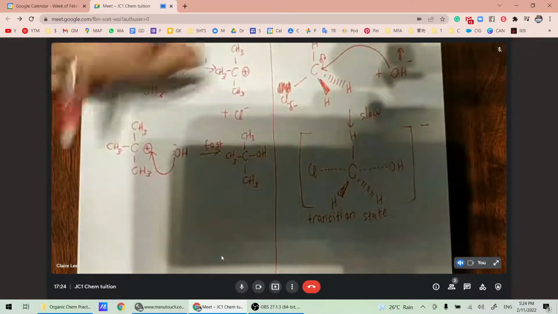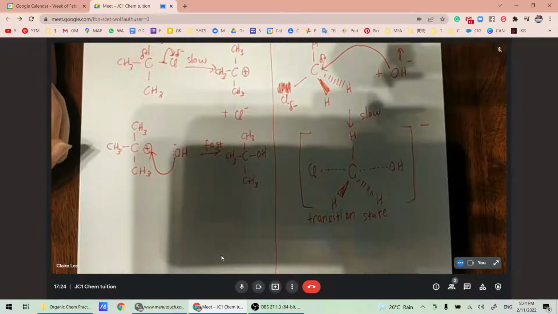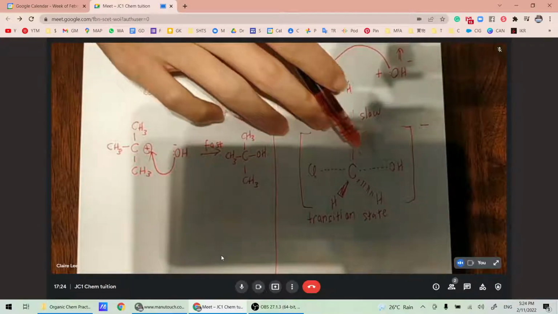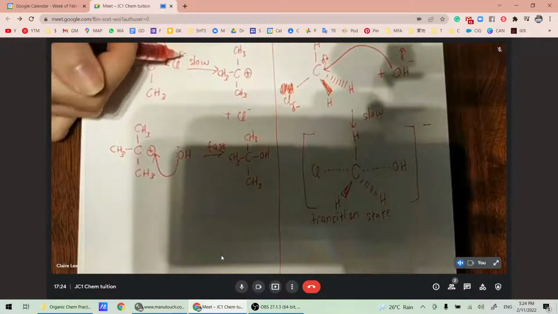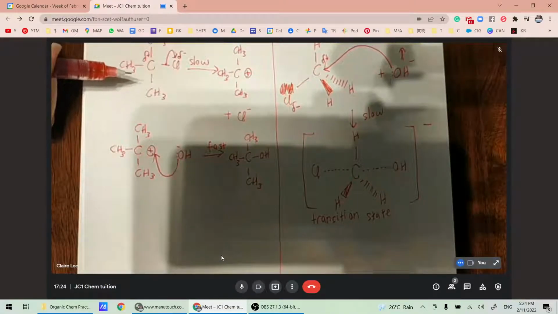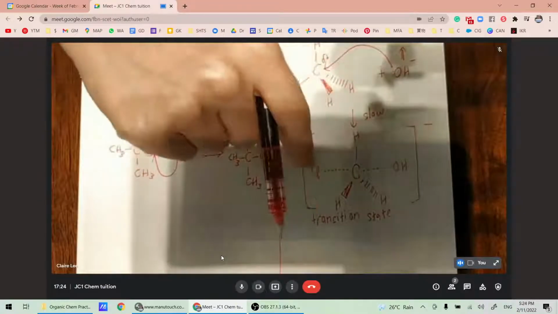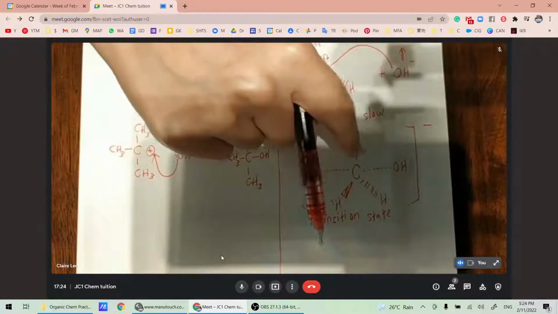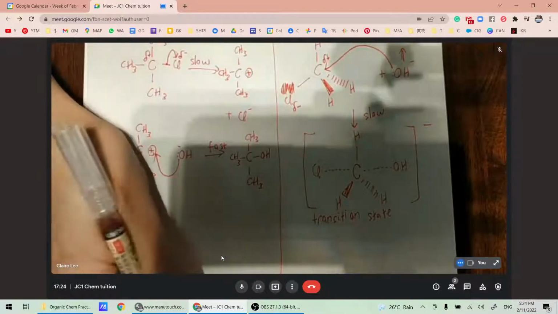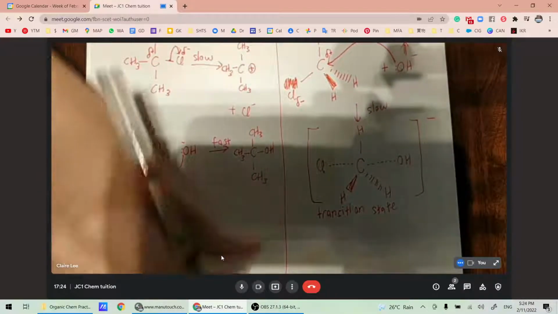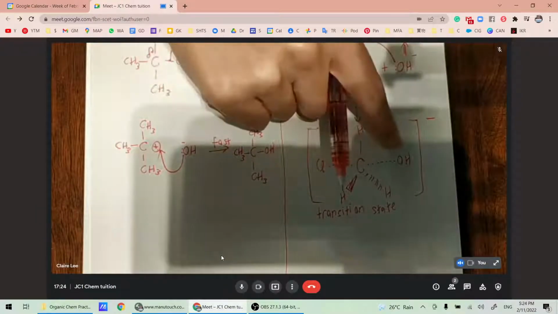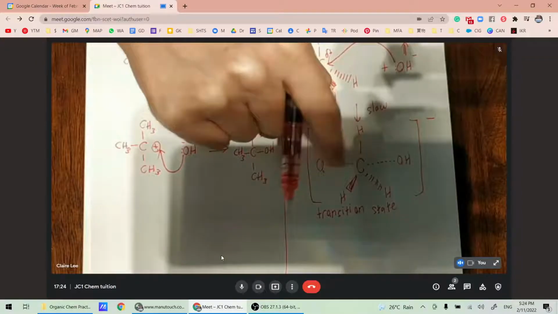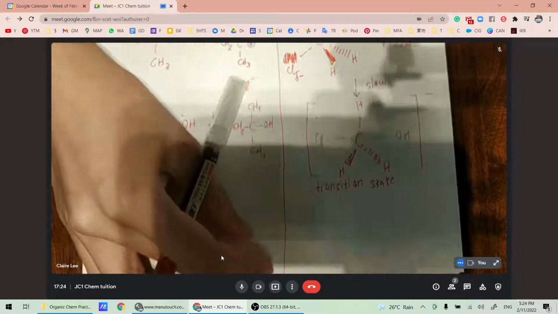Then via the fast step, the chlorine will totally leave the group with the charge, leaving behind the alcohol that was formed. So yes, the charge is carried by the chlorine out of this molecule. And that's via the fast step.